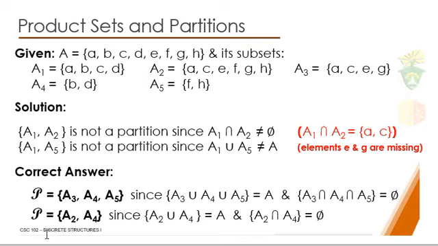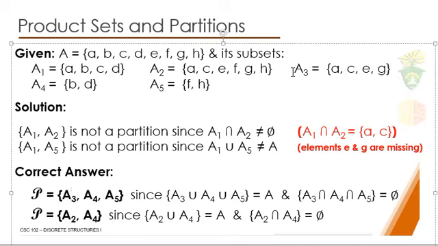Let's go back. So, let's try A sub 3. A sub 3 has the elements A, C, E, and G. So, kulang og B, D, F, and H.